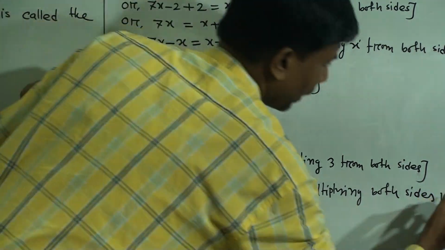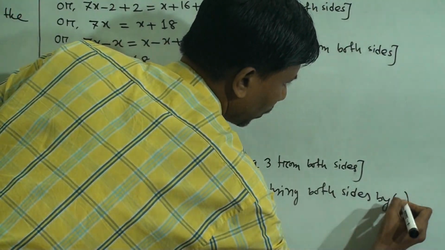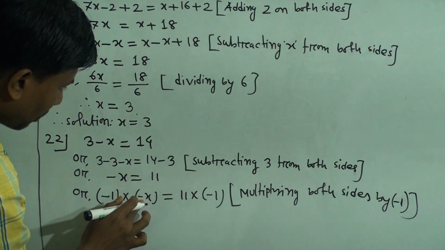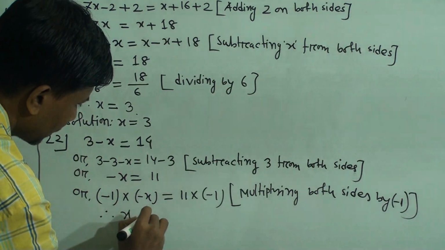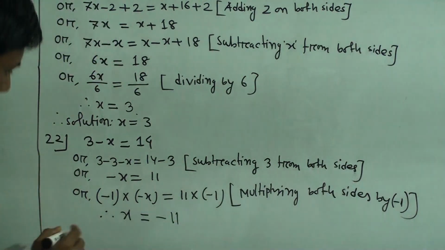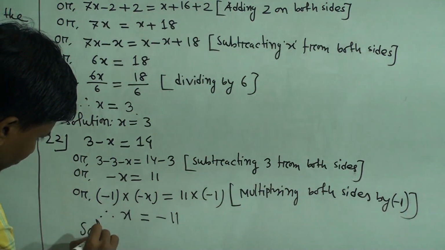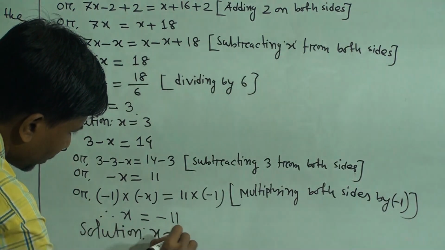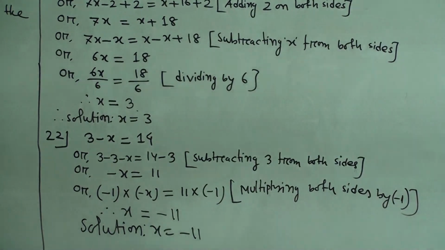Minus with minus, that means plus x is equal to what? Minus 11. Therefore the solution x equal to what? Minus 11.